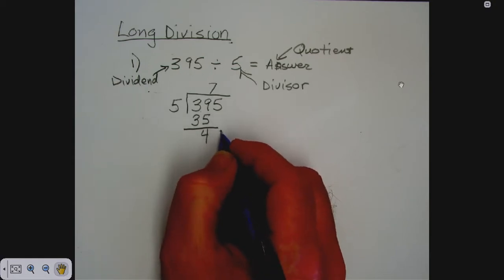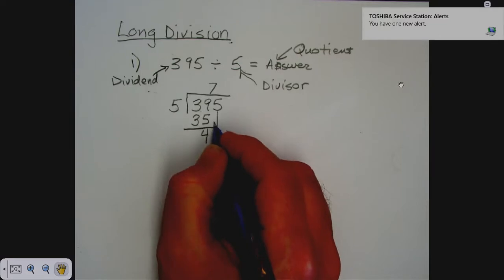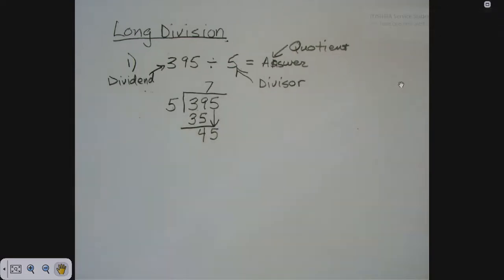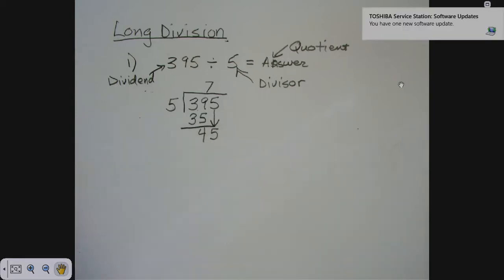Now, I usually just put the 5 there. A lot of students like to put an arrow there, bring it down though. It is really important that you do this very neatly though, because you need to keep everything lined up well.